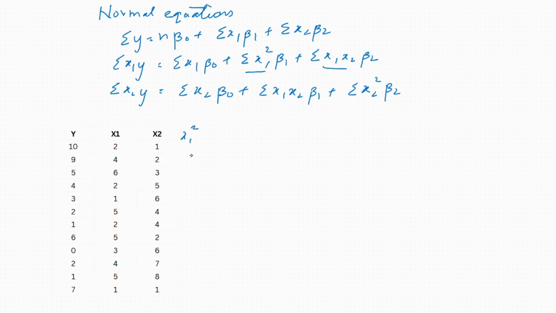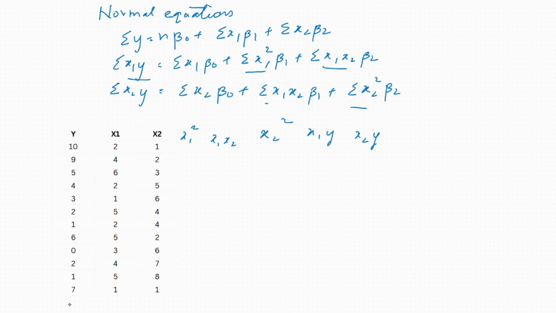Now we want the values of x1 square, x1 x2, x2 square, x1y and x2y, and after finding these individual values we have to add summation of y.